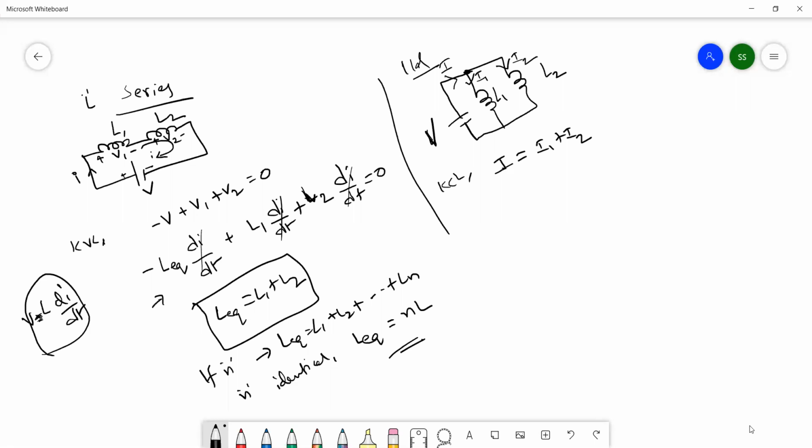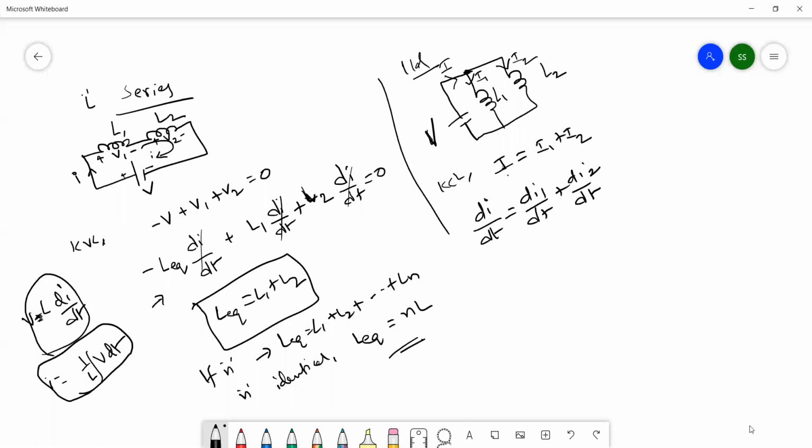You can either substitute the current formula directly, I equal to 1 by L integral V dt, or simply take the differentiation on both sides with respect to t: dI by dt equals dI1 by dt plus dI2 by dt.